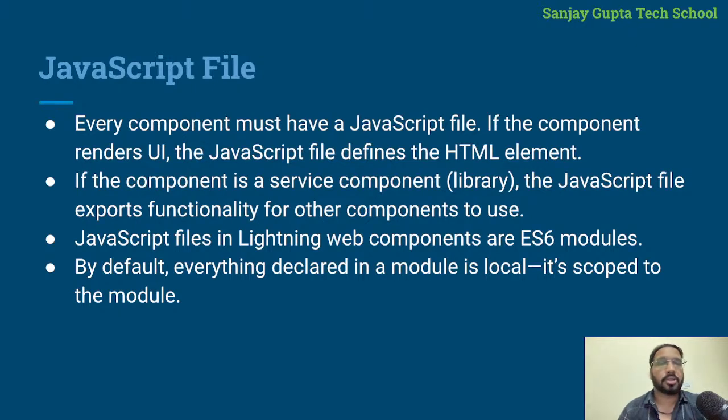That is also possible here. JavaScript files in Lightning Web Components are ES6 modules, so whatever is the latest, it follows that. By default, everything declared in a module is local, scoped to the module, right? So this is a brief about the JavaScript file.